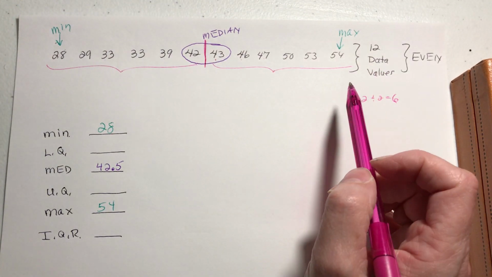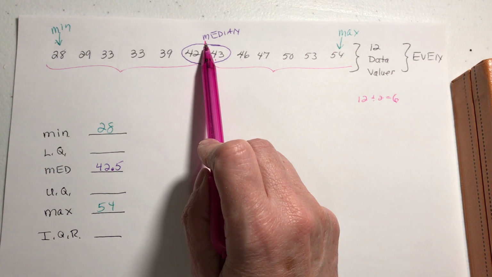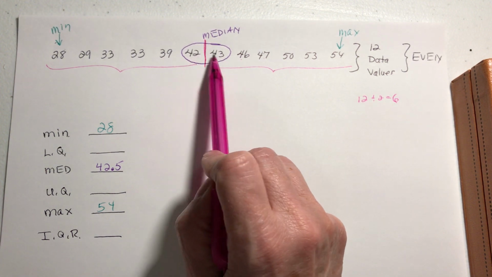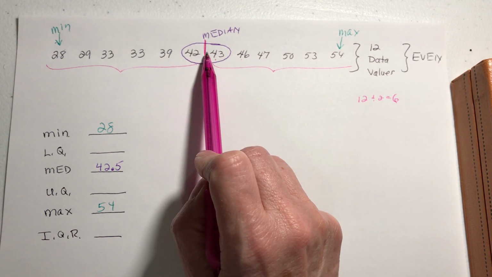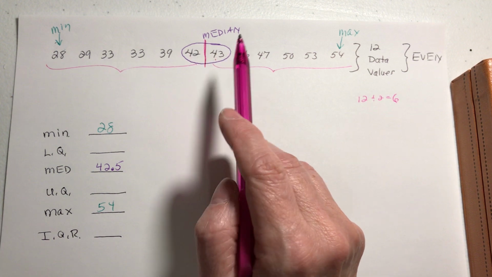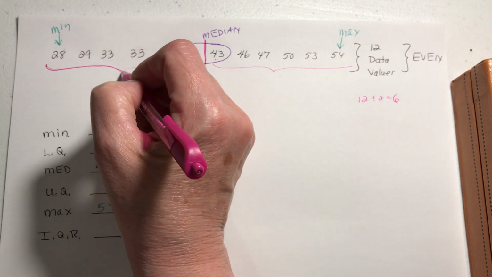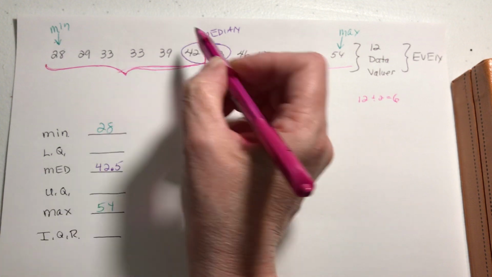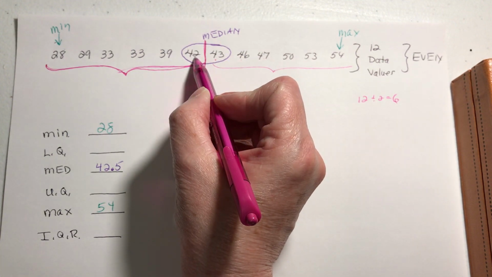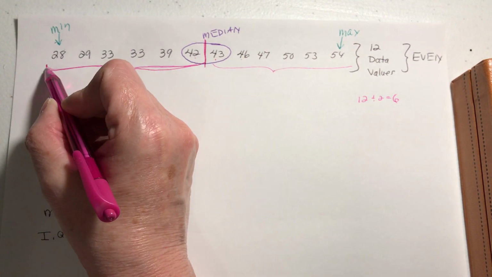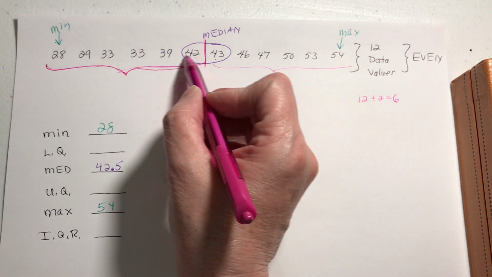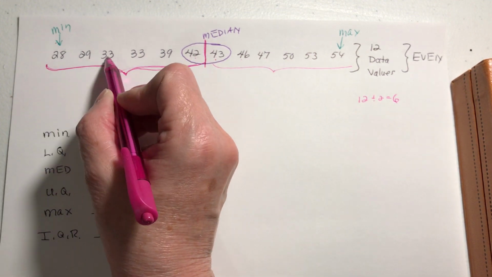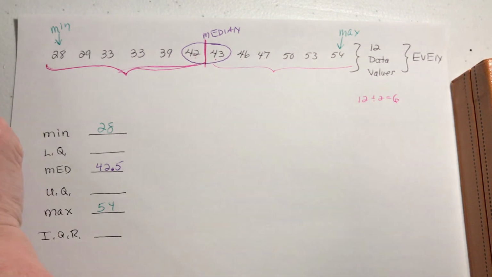Okay, now, because your median is not one of your data values, you're not going to leave that number out. You're actually now going to take all 6 of these numbers, including the 42. That's part of the lower half. And I'm going to find the median of 1, 2, 3, 4, 5, 6 numbers here.